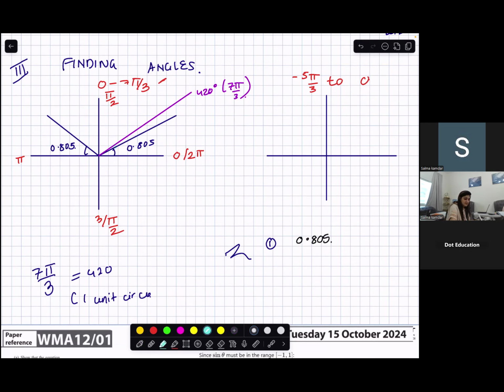This was my first hit, right? This is my second hit. So my second hit would be pi minus 0.805. So it is 2.3365.